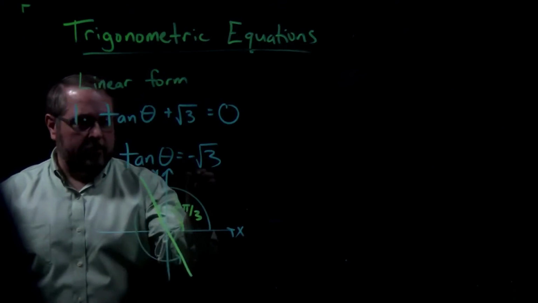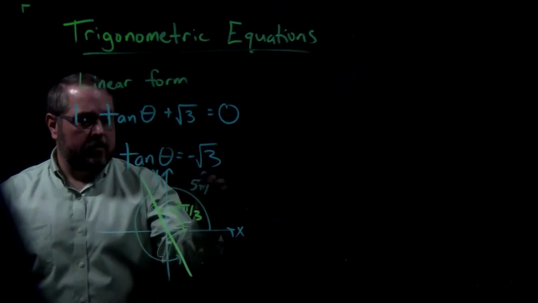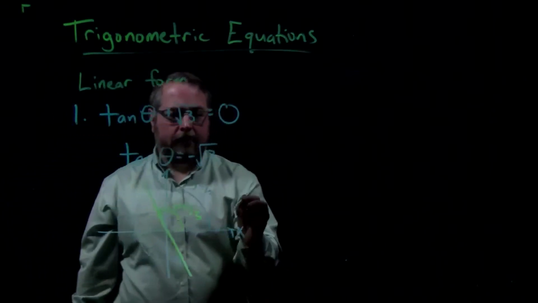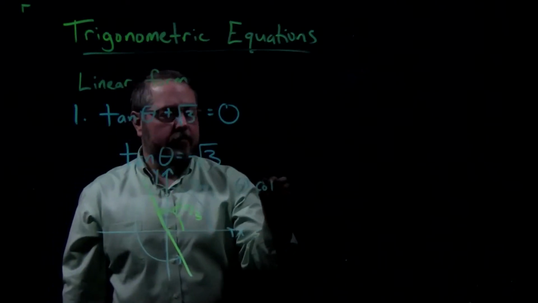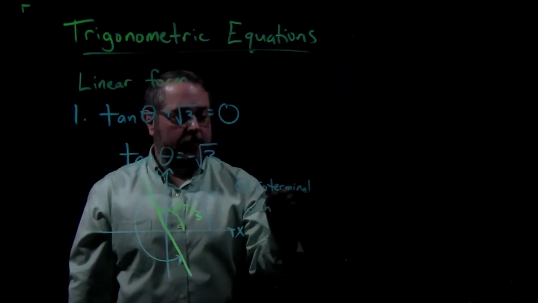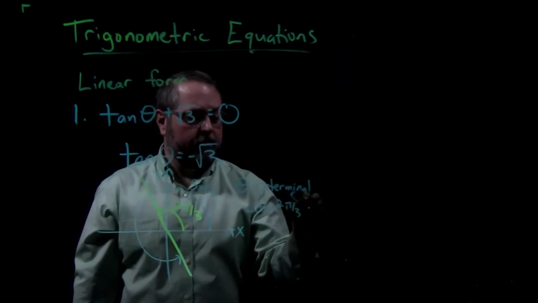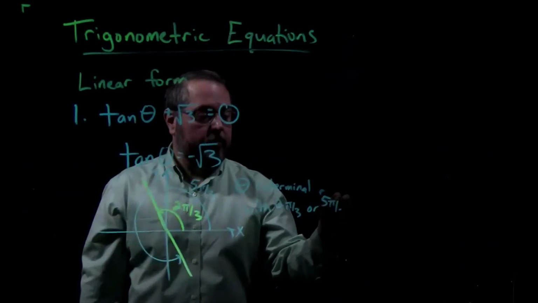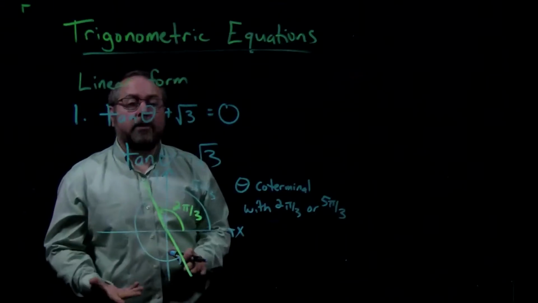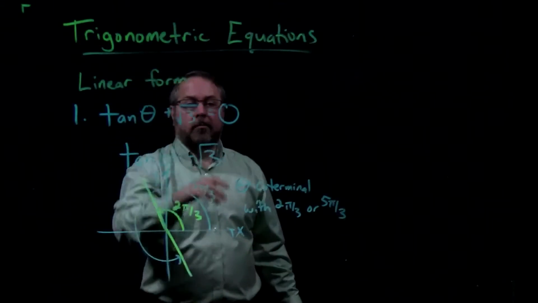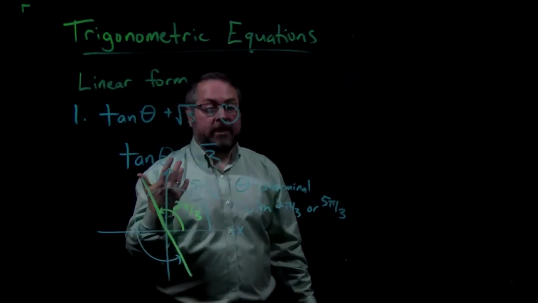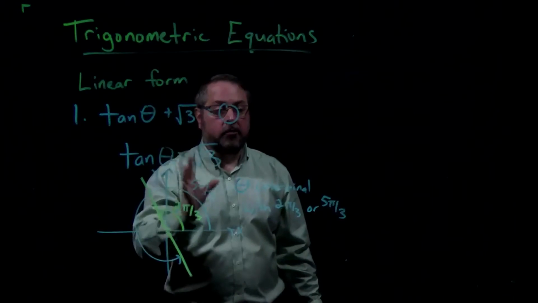Or, in the fourth quadrant, 5 pi over 3. Okay, so that's what we know about our solutions. In order for tangent theta plus square root of 3 to be equal to 0, tan theta has to be negative square root of 3, which means theta has to be coterminal with either 2 pi over 3 or 5 pi over 3.